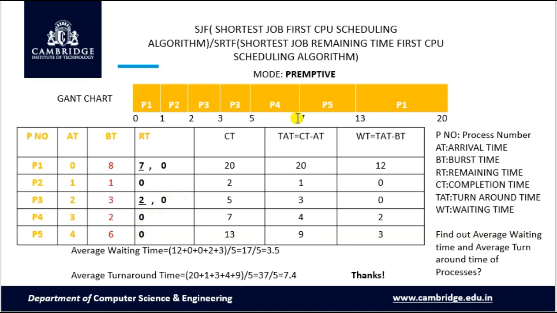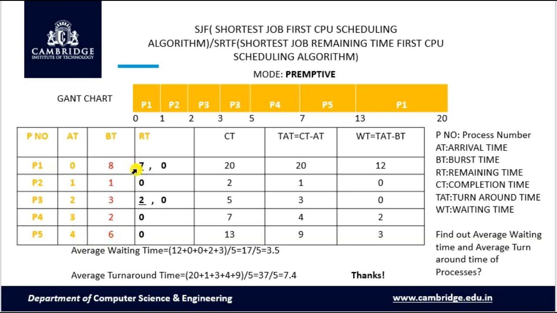Correct? Okay. Next, again P5. P5 arrival time is at 4 seconds and burst time is 6 seconds. When it compares to P1's process, its remaining time is 7.